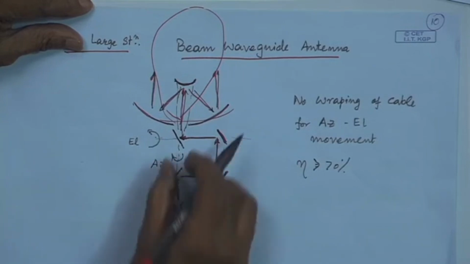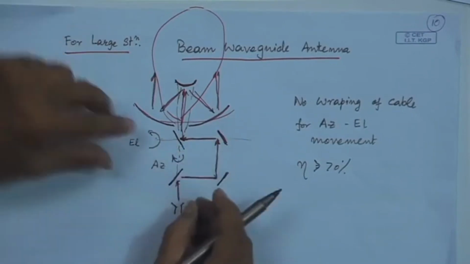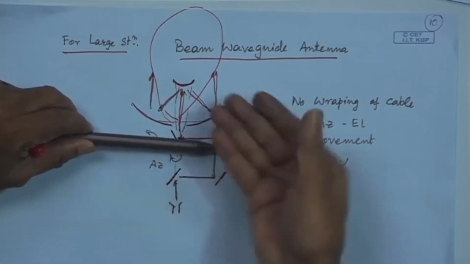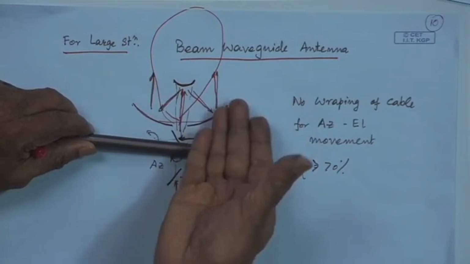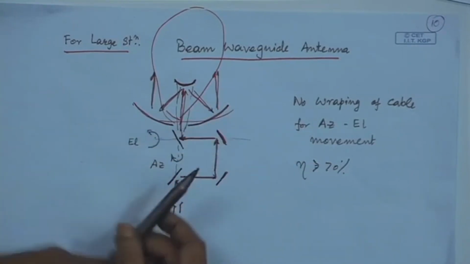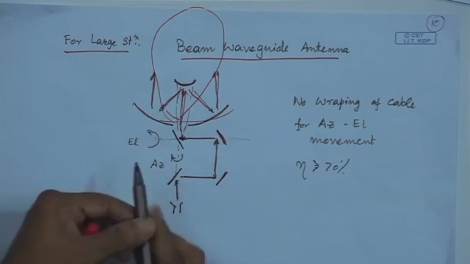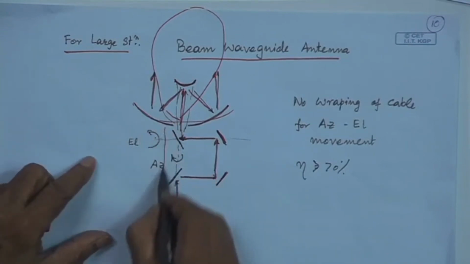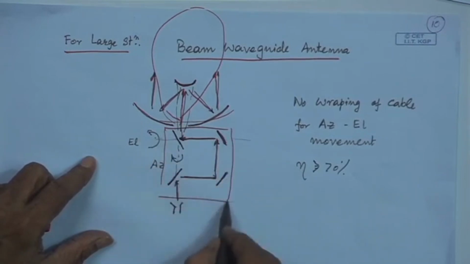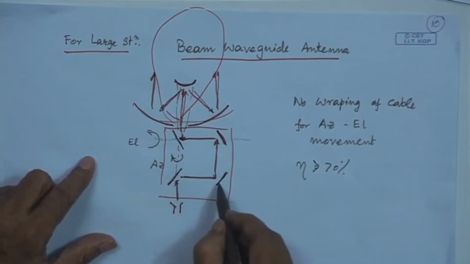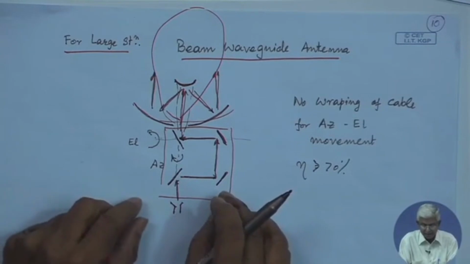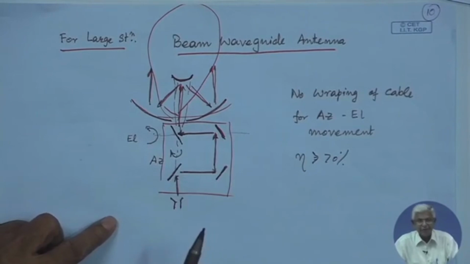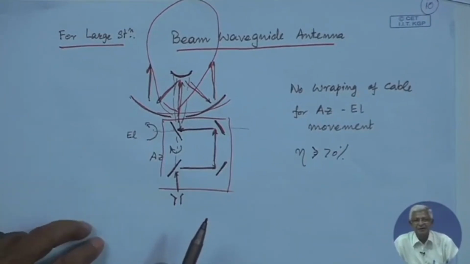Now the advantage is, since there is no waveguide here, you can turn the azimuth elevation axis like this. So the antenna will go up and down like this, and azimuth can be on this axis, you move. So this set of two pairs of reflectors avoids us having a flexible waveguide, which is a lossy waveguide.